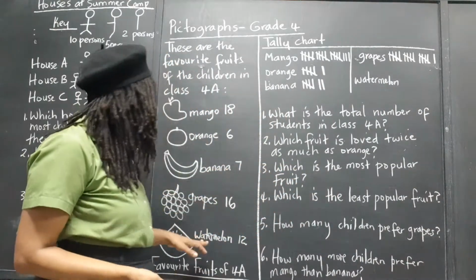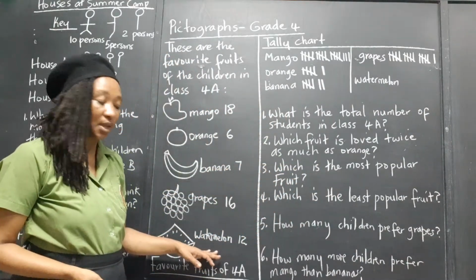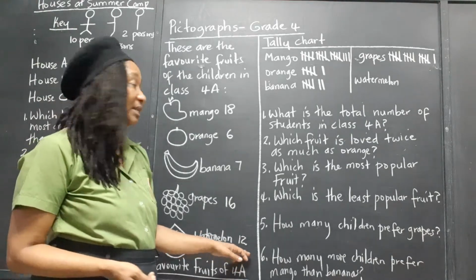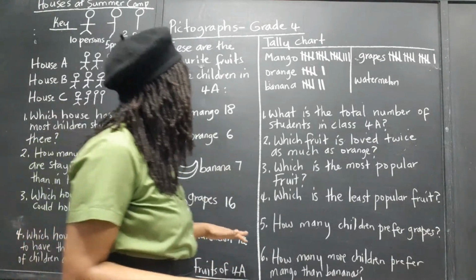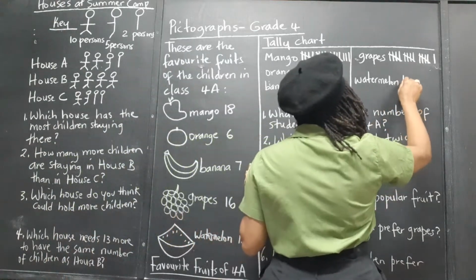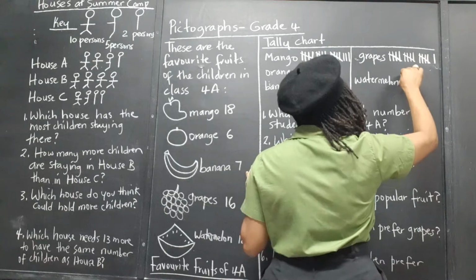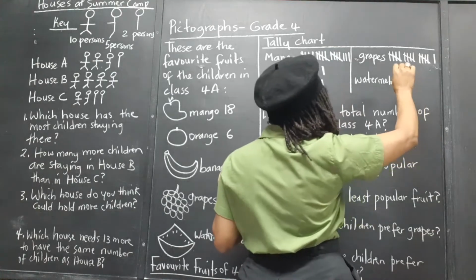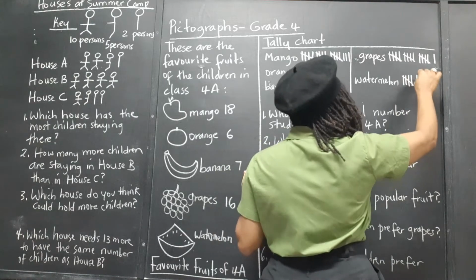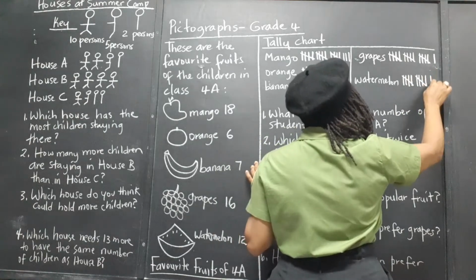And how about watermelon? 12 children say they prefer watermelon over all the other fruits. So how are we going to represent 12? 1, 2, 3, 4, diagonal for 5. So that's 5, 6, 7, 8, 9, 10, 11, 12.